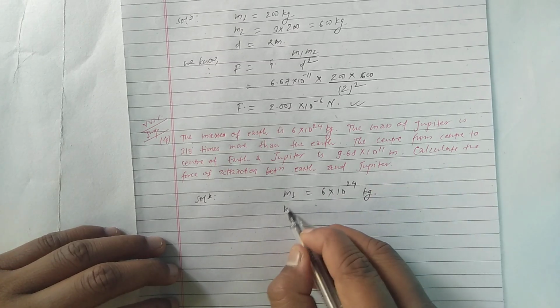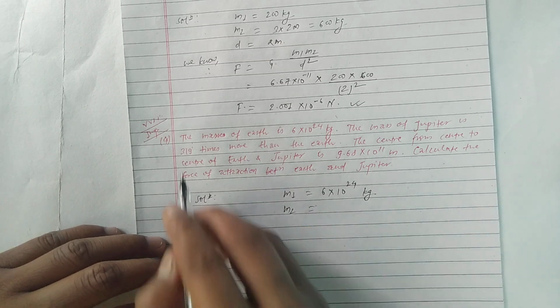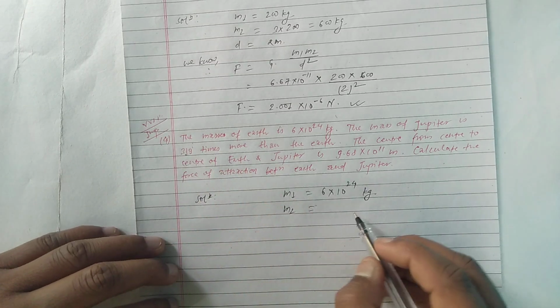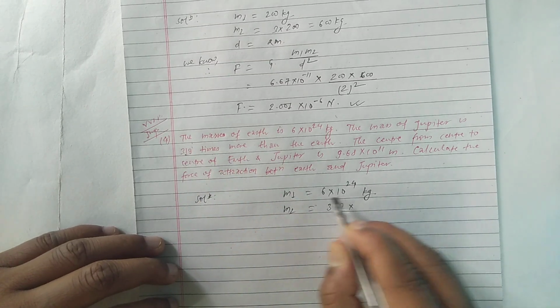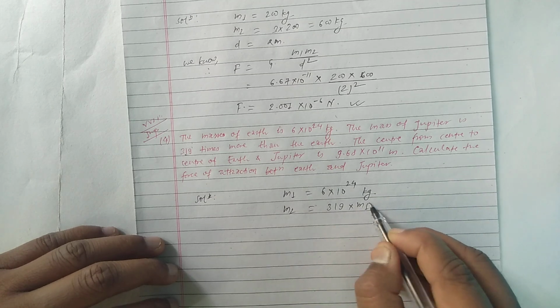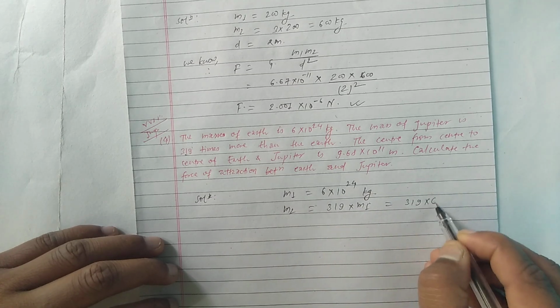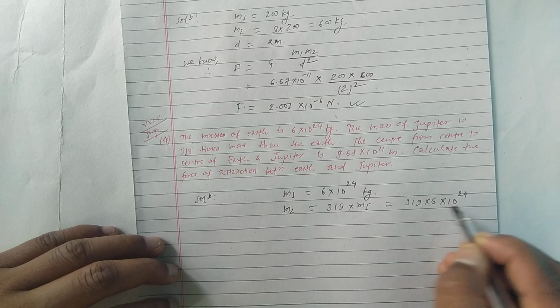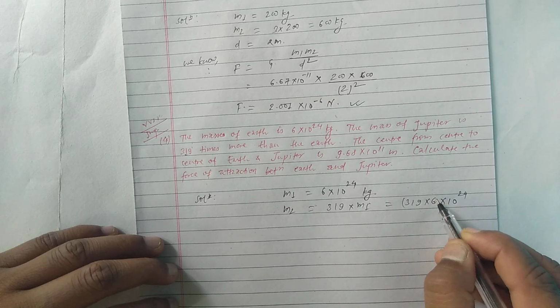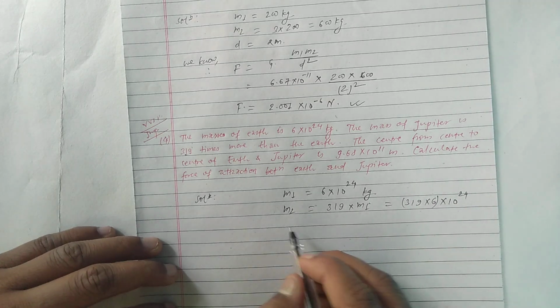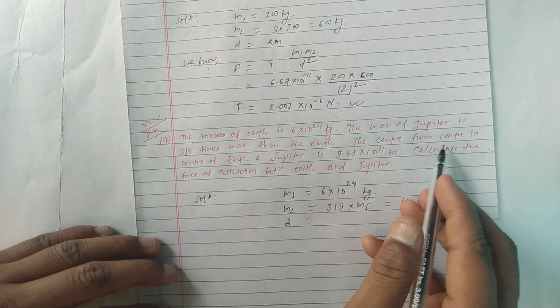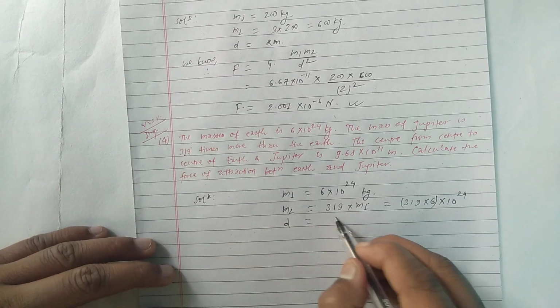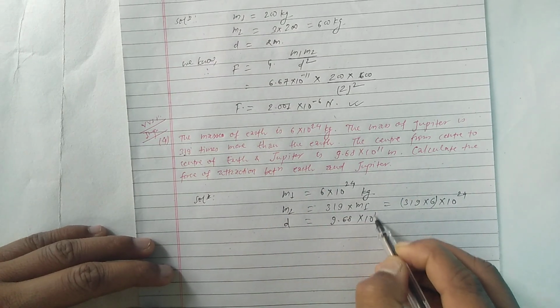The mass of Jupiter, that is m2, is 319 times that, so 319 into 6 into 10 to the power 24. And the center to center distance of Earth and Jupiter is 9.68 into 10 to the power 11 meter.